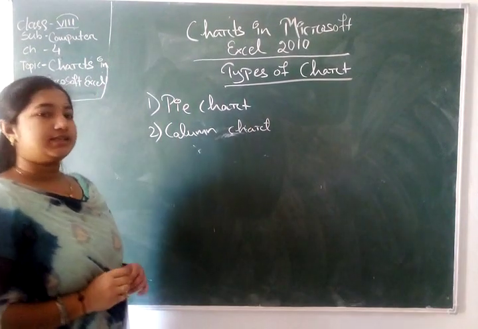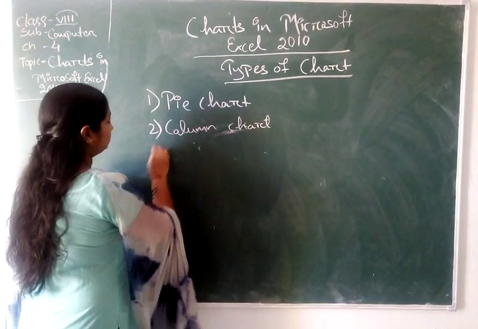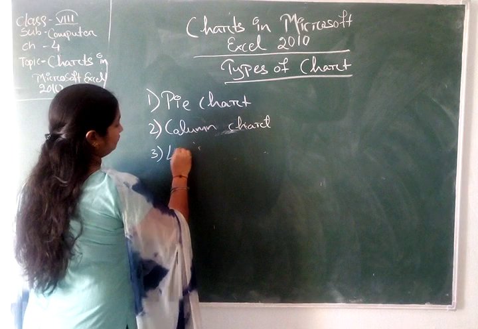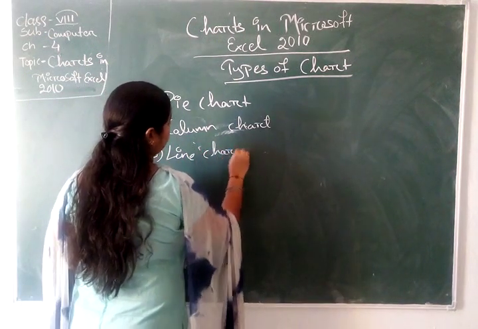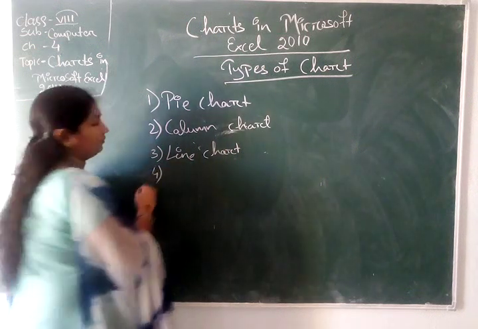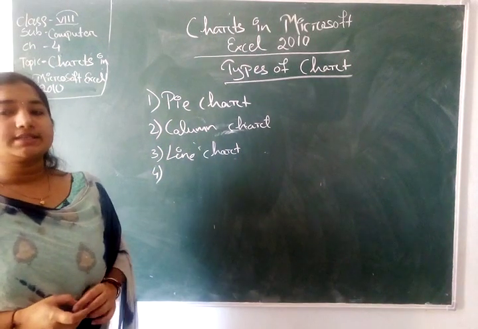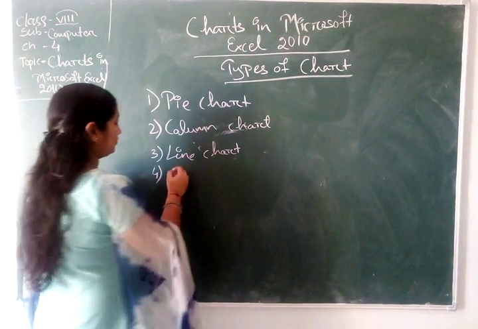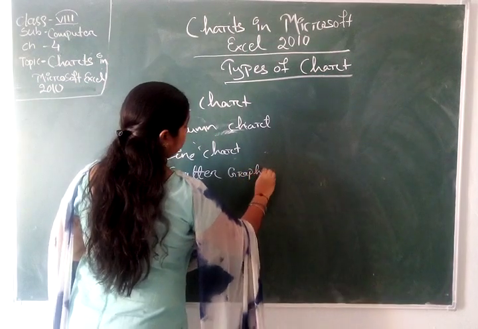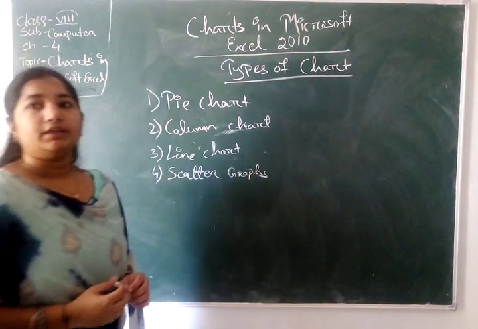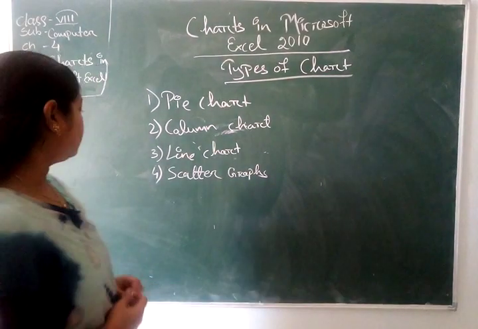The third one is line chart. The fourth one is scatter graphs. Next is surface chart.